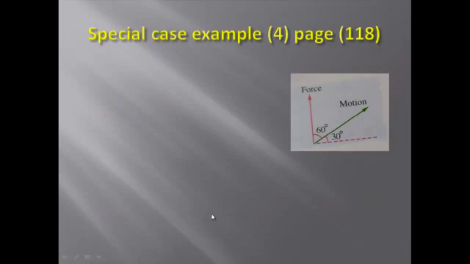Now, special case, example number 4, page 118. A worker that carries a box of mass 40 kilogram climbs up stairs of length 20 meter as shown in the figure. If the free fall acceleration is 10 meter per second square, find the work done on the box. Okay, this is the stairs and this is the direction of motion. We have the theta between what and what? We have the theta between displacement and the horizontal.